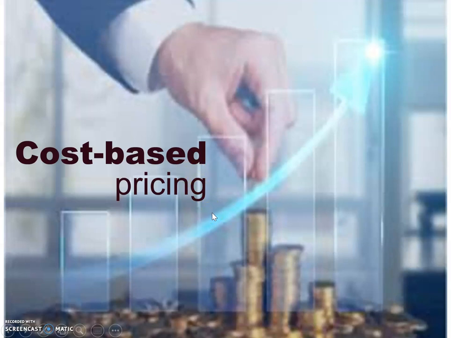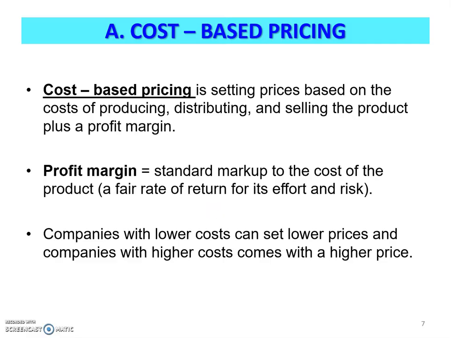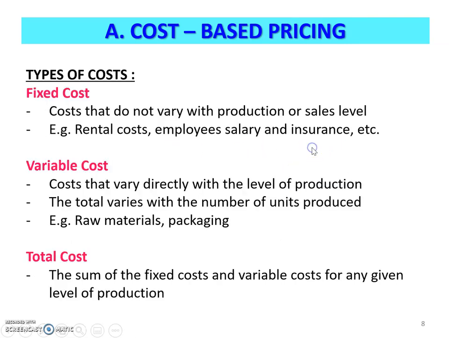This is the basic. When you do business, you want profit, so we have to calculate our costing, all the costs incurred. Then we look at how much profit we want, how much markup, and we mark up, and that will be our price.